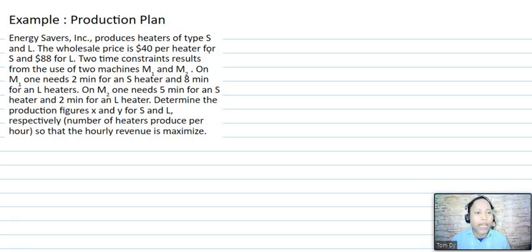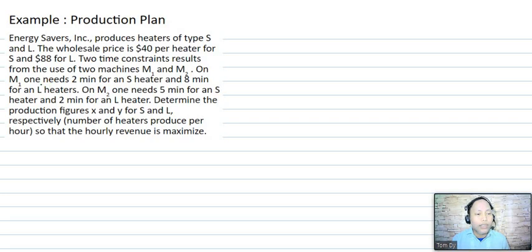Okay, so this is in the case of a production plan. So we have here Energy Savers Incorporated produces heaters of type S and L. The wholesale price is $40 per heater for S and $88 for L. Two time constraints result from the use of two machines M1 and M2.